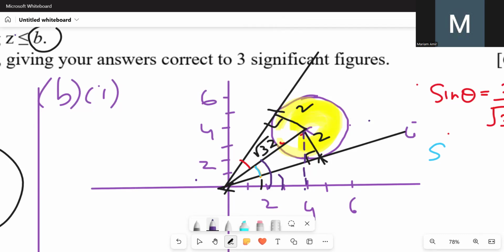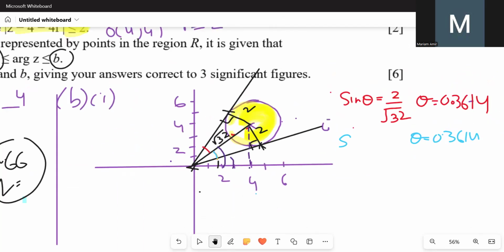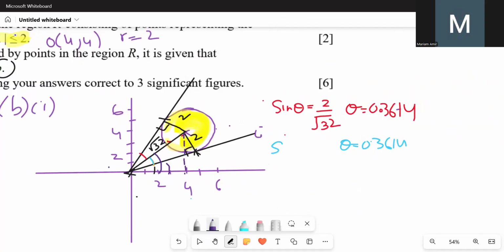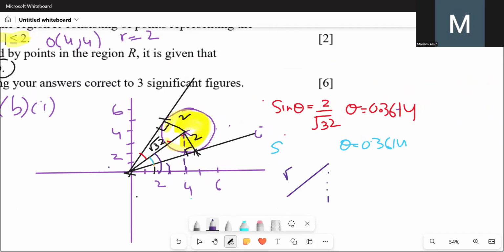That will give us the smallest argument, that is this angle. Okay, so I'm going to draw this separately. If I'm drawing the dotted triangle, this is under root 32 and this here is 4. In fact, this is 4 as well.